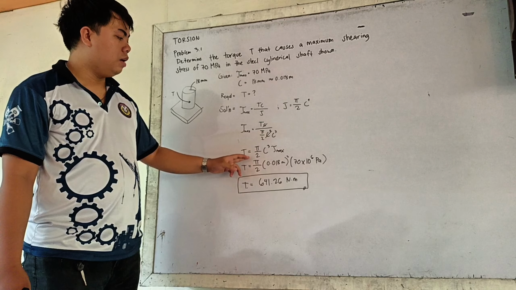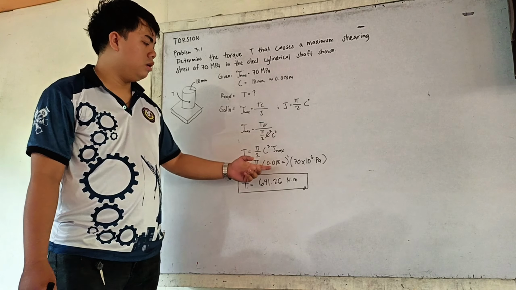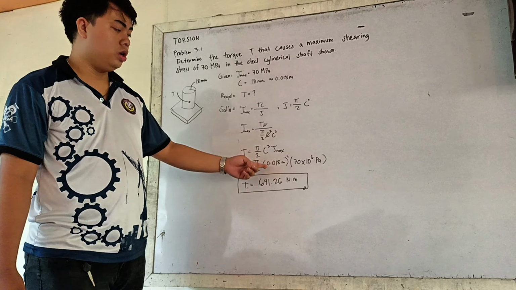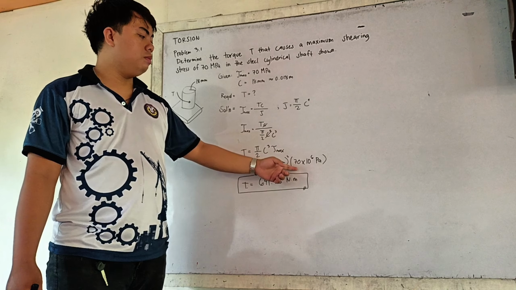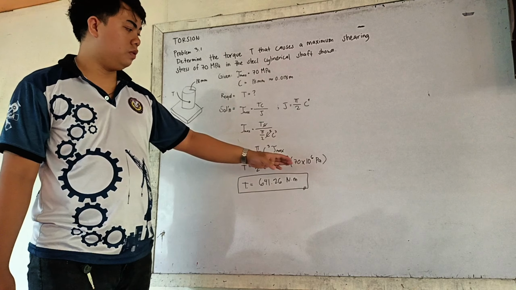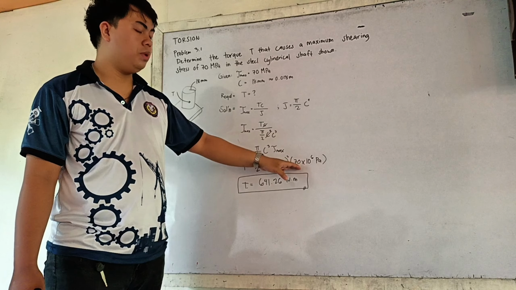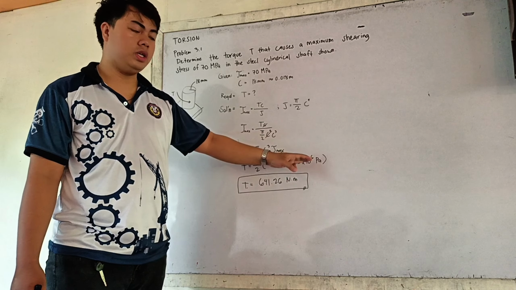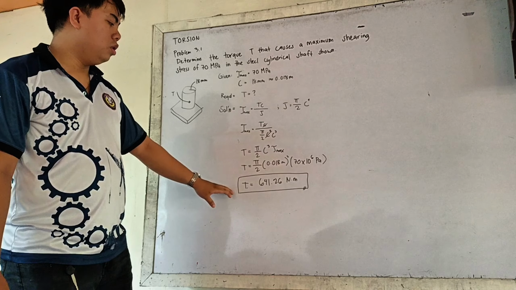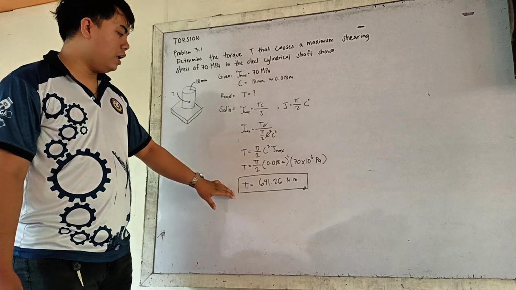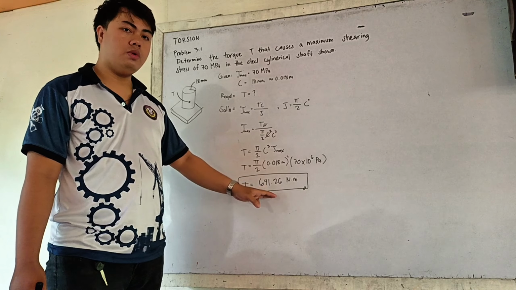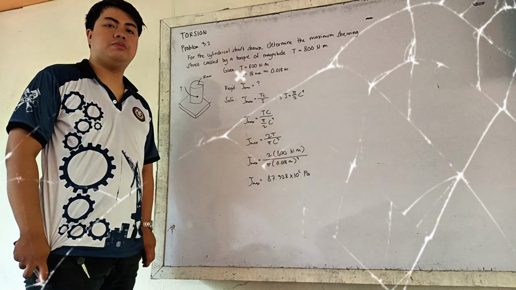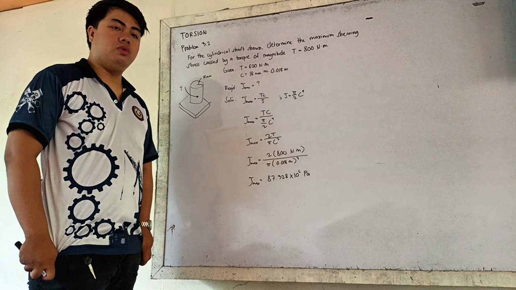We have pi over 2 multiplied by 0.018 meter cube multiplied by the maximum shear stress of 70 MPa or 70 times 10 to the power of 6 Pascal. So our answer for that is simply 641.26 Newton meter.